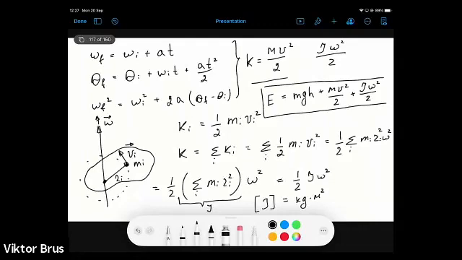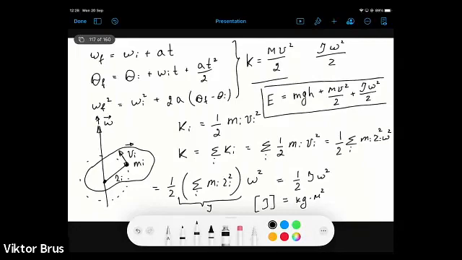This we need to remember and take into account when we deal with cases which include both translational and rotational motion.